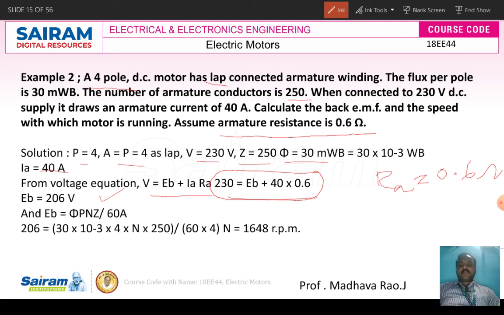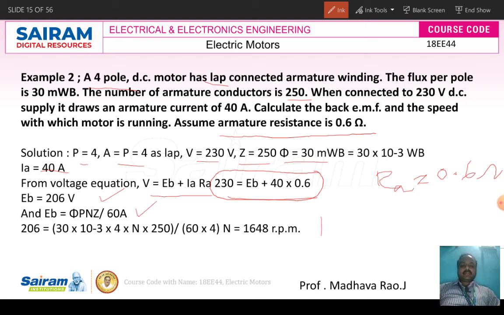Next, the back EMF formula. We know that the back EMF equation is EB equals phi P N Z by 60 A. Use that equation.